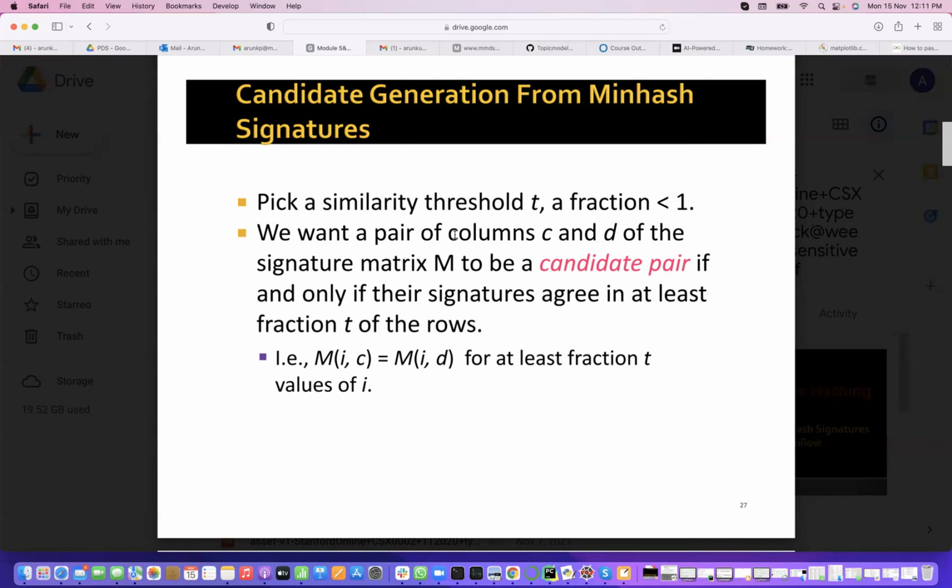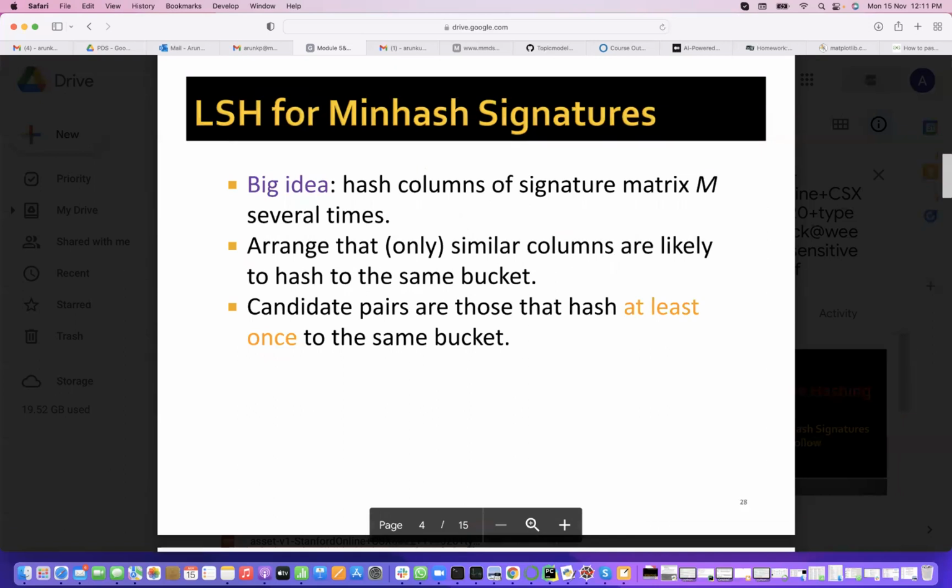So first we will fix a threshold. From the threshold, we will compute how many rows should be agreeing for those two signatures. That is, min hash of C equals min hash of D for at least fraction T of values of i. So the big idea: hash columns of signature matrix M several times.